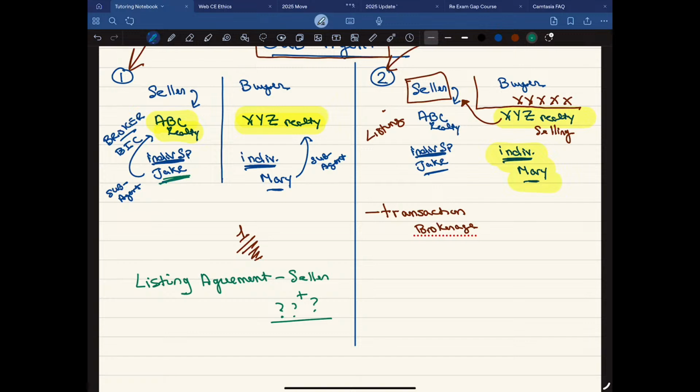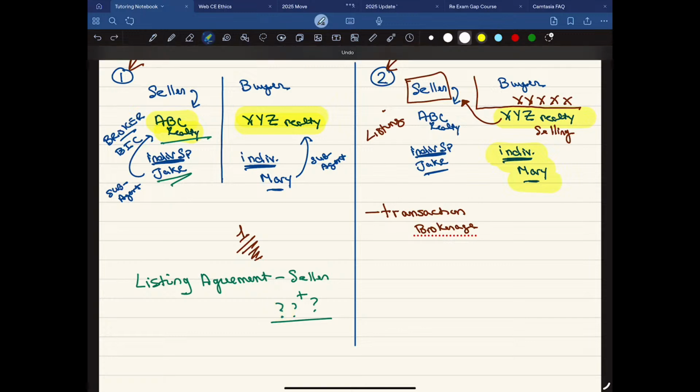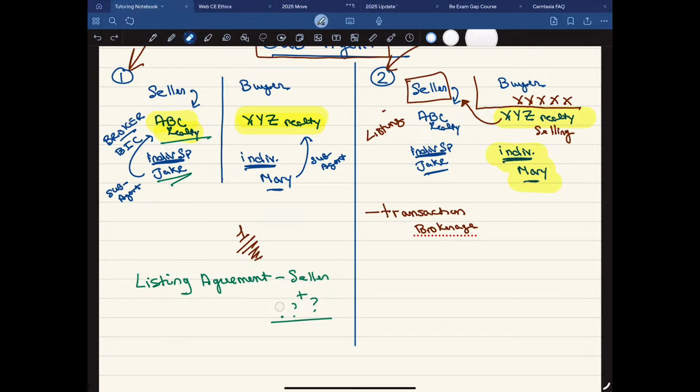Is it Jake's name that goes in this agreement right here? Or is it ABC Realty? Now, the answer is it would be ABC Realty, right? You didn't hire the individual salesperson, you hired the broker.